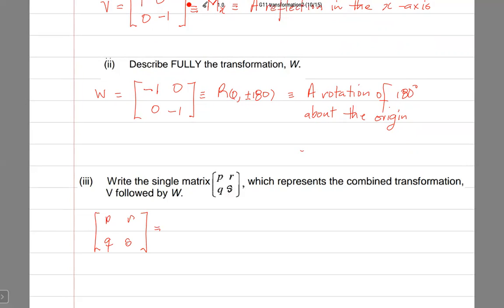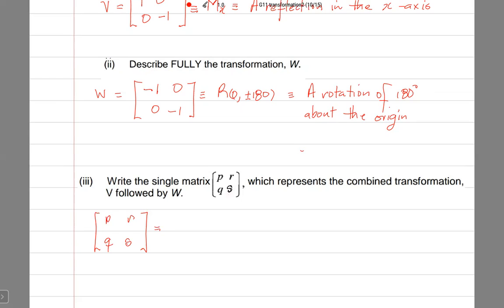But when you multiply them, the first must be last and the last must be first. So since this is V, meaning that V is the first, followed by W, when you multiply them, you have got to put the W first.